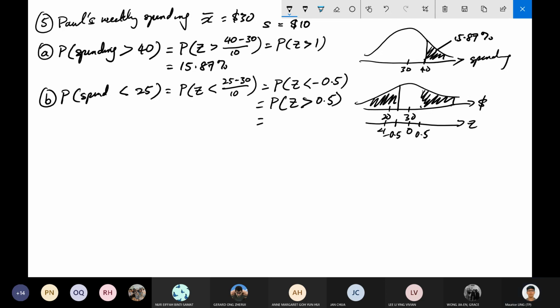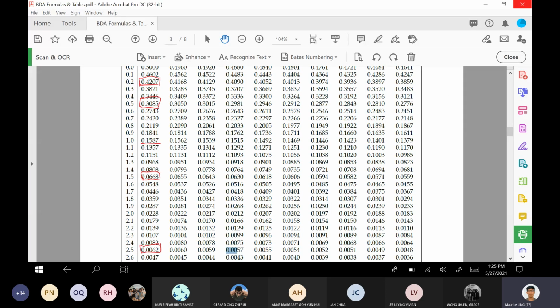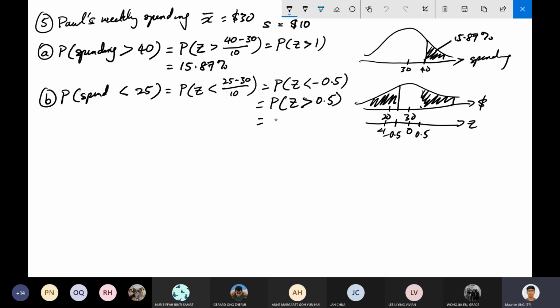Then you go back to our table, 0.5, 0.3085. Okay, about 30.9%, 30.85%.